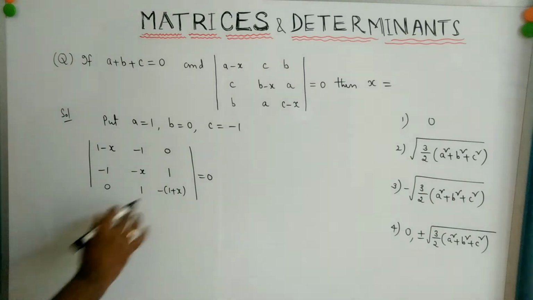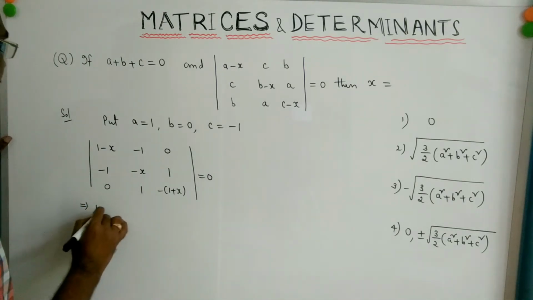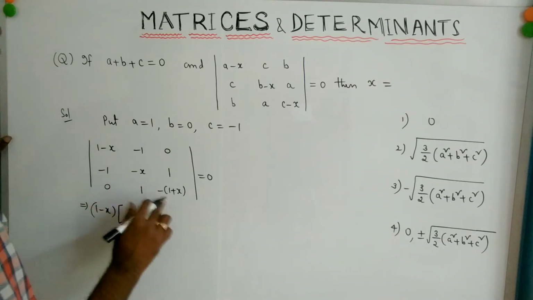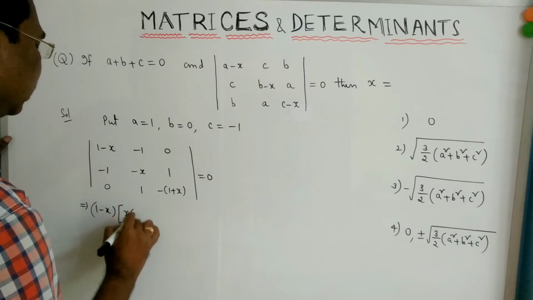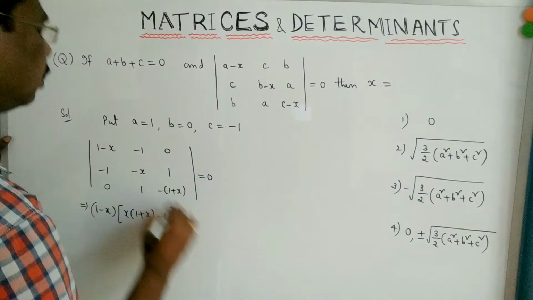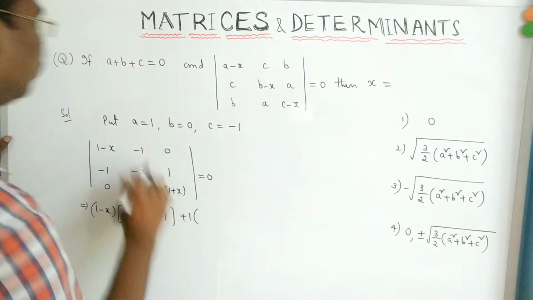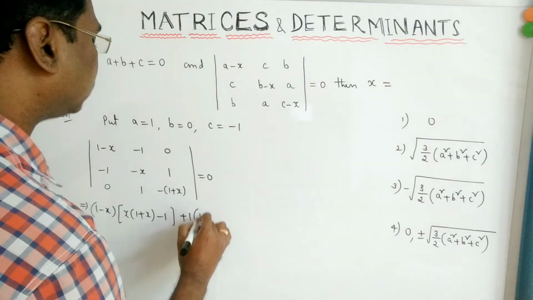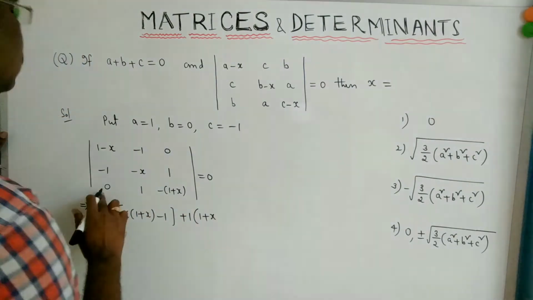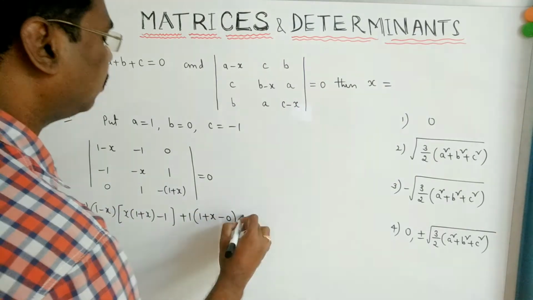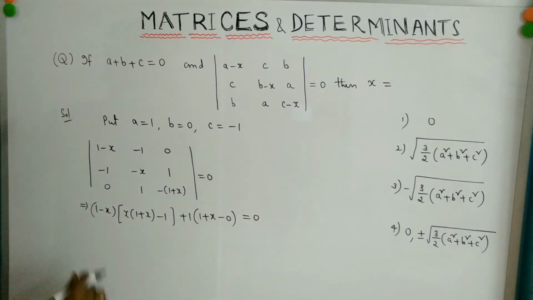Okay, now det of this value, now 1 minus x into 1 minus x into x into 1 plus x into 1 plus x minus 1 plus 1 into 1 into 1 into 1 plus x minus 0 minus 0 is equal to 1.